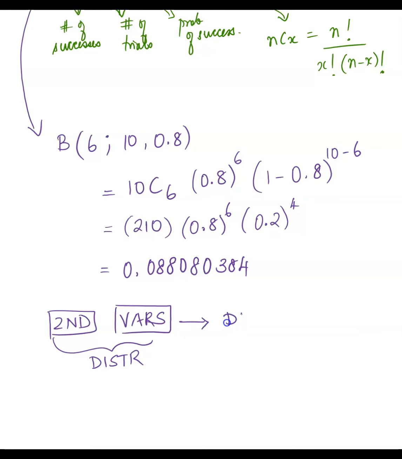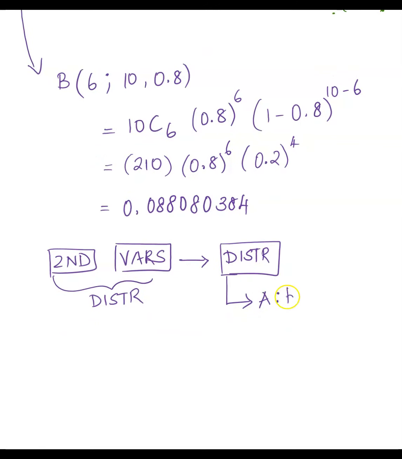Okay, so there are two tabs. So stay on the first tab because you have the distribution dist tab and the draw tab. Stay on the dist tab and go all the way down to A, which says Binomial Pdf.